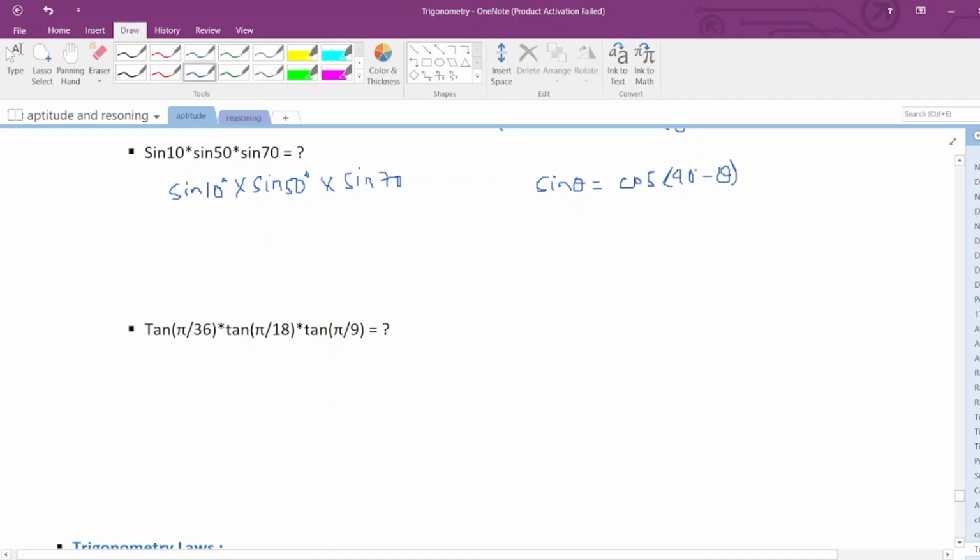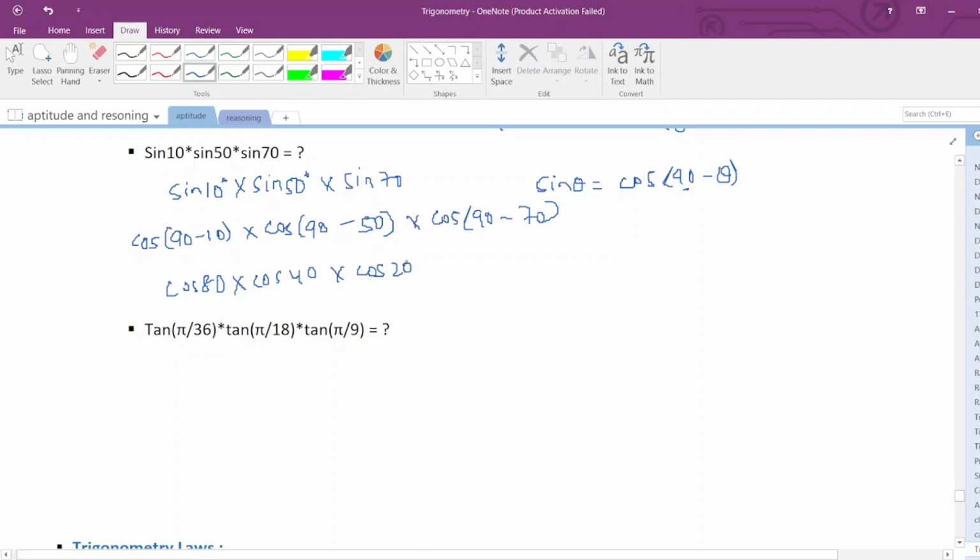Since it is 90, sine changes to cos, and 90 minus theta gives theta in the first quadrant, so plus. So I can write sine 10 as cos 90 minus 10, that is cos 80, sine 50 as cos 90 minus 50, that is cos 40, and sine 70 as cos 90 minus 70, that is cos 20.